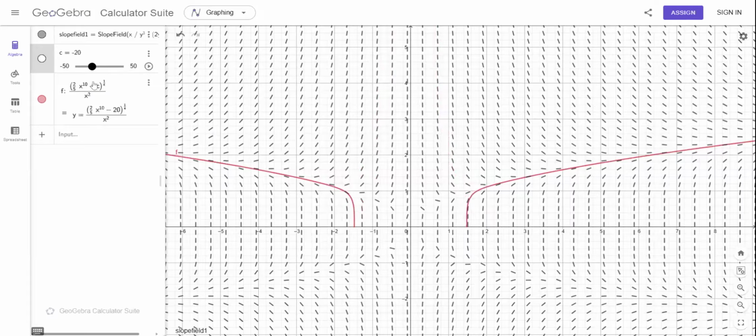Square rooting to get rid of the... Actually, we're fourth rooting, not square rooting. So if you have a u to the fourth, you're going to take the fourth root. Did I write square root there? Maybe I didn't put the index in.